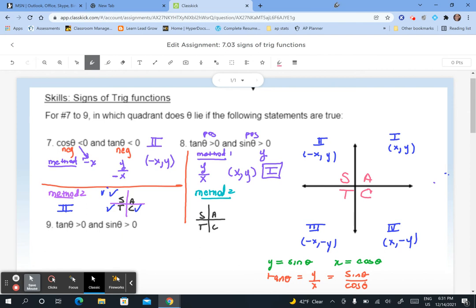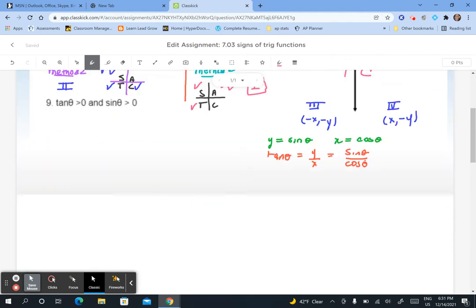I know tan is greater than 0, meaning it's positive. We know all the functions are positive in A, and tan is also positive in T, in 3. Sine of theta is greater than 0, meaning it's positive. We know it's positive in 1 and also positive in 2. Therefore, where does the double check mark appear? In 1. So again, that's another way of getting the same answer.